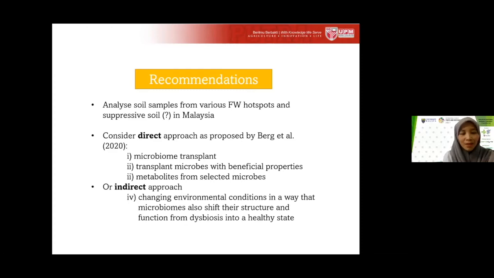Then maybe we can consider a direct approach as proposed by Berg et al., by using microbiome transplant or transplant microbes with beneficial properties or metabolites from selected microbes, or using an indirect approach by changing the environmental conditions in a way that microbiomes also shift their structure and function.